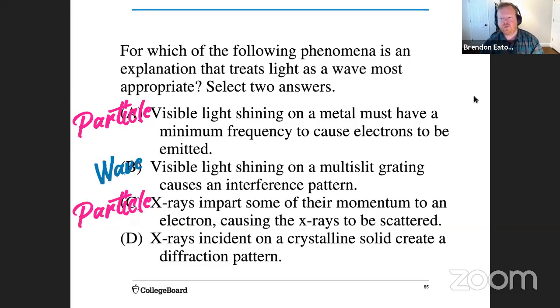So that's the particle nature. Wave nature, though, is interference patterns. If you remember us shining a laser beam through a diffraction grating, it showed a diffraction pattern on the screen. And the last answer that's for a wave is a diffraction pattern again. So I've got interference pattern and diffraction pattern. Those are my two key words that point out the wave nature of light.